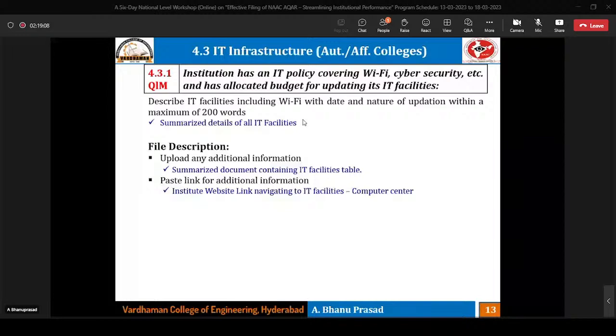You can summarize the document in a tabular form and upload. We can also give the description of a computer center, data center or server room, whatever we name it in different institutions. You can give a link to that, where all the facilities information is given. So that's about 4.3.1.